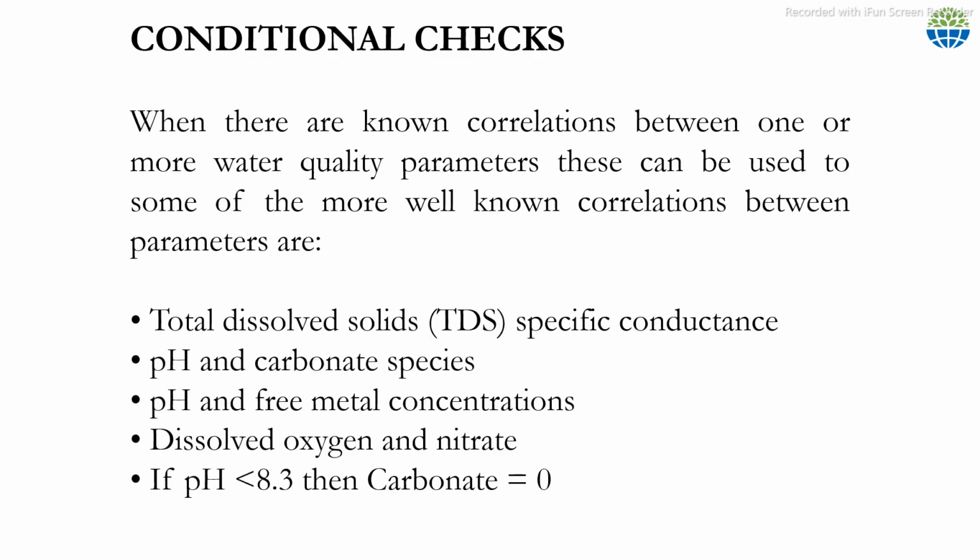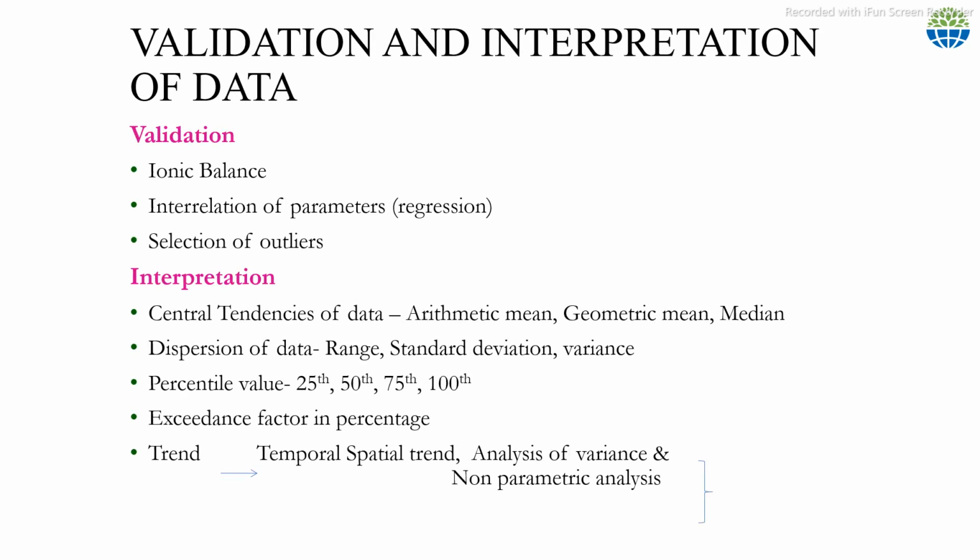Sometimes we can go for conditional checks, like TDS with specific conductance, pH and carbonate species. This type of correlation we have to check: dissolved oxygen and nitrate, because nitrate, nitrite, and ammonium nitrogen matter for fish toxicity. Then interpretation of data: first, ionic balance, correlation of parameters on the basis of regression, and outliers.